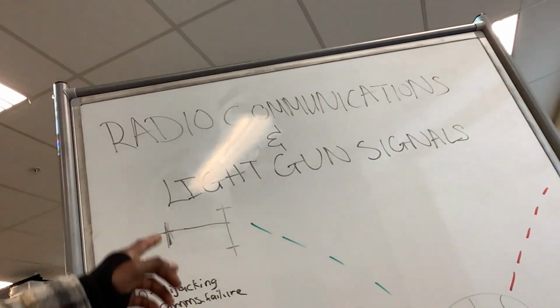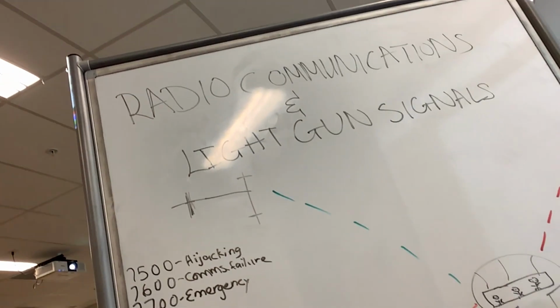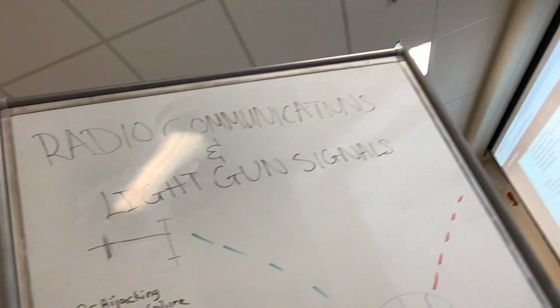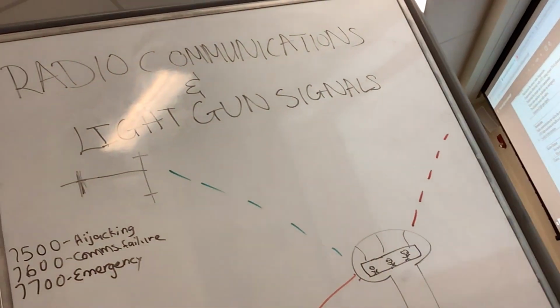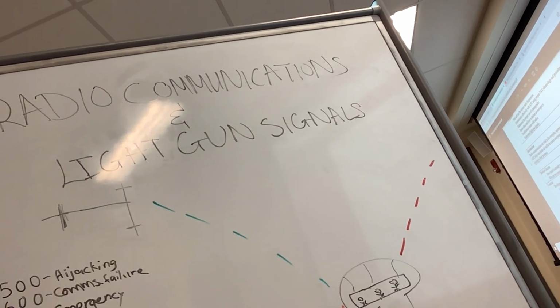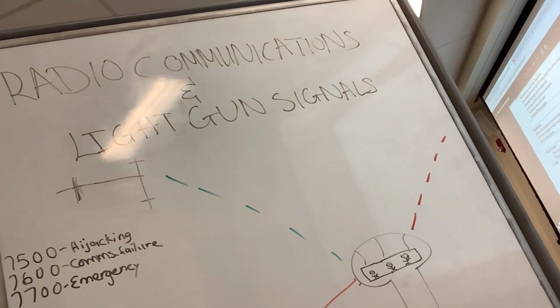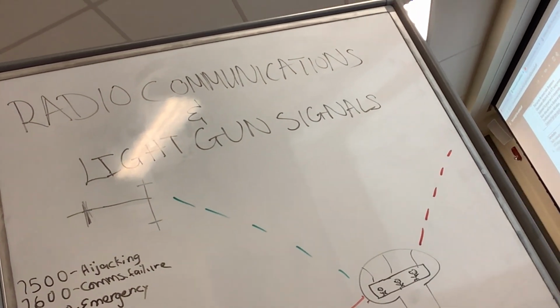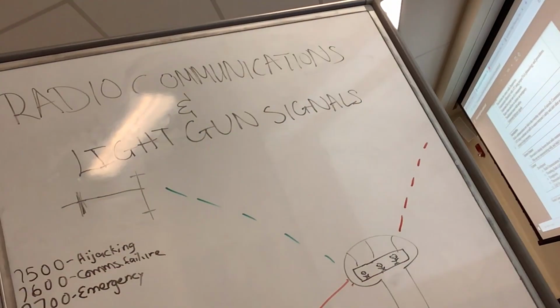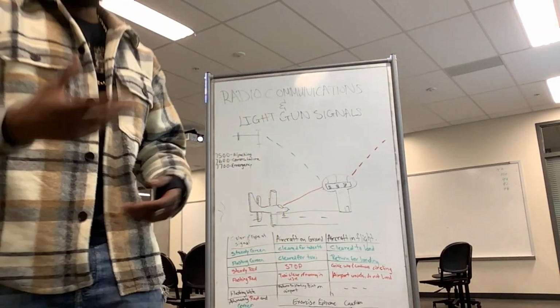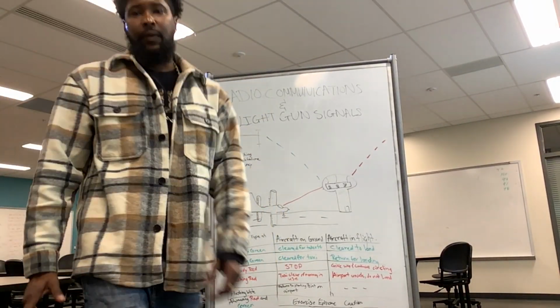So that aircraft is supposed to go out and reposition to prepare for a landing. Also, flashing red from the tower, pointing towards the sky, means airport unsafe, do not land. So anytime you see a flashing red, airport unsafe, do not land. I'm going to go through these more thoroughly when I get to that point in the lesson, but I just wanted to give you a brief overview of what to expect.